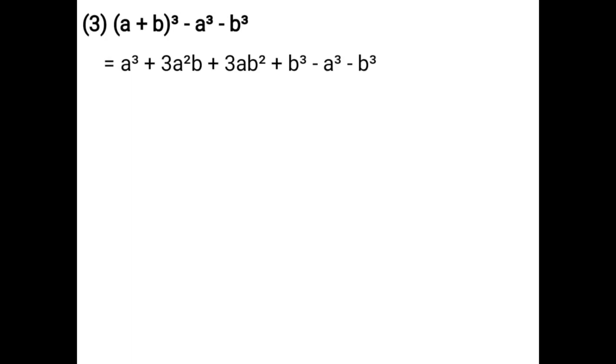A cube minus a cube gets cancelled, plus b cube minus b cube gets cancelled. So what will remain? 3a square b plus 3ab square. That is the answer.